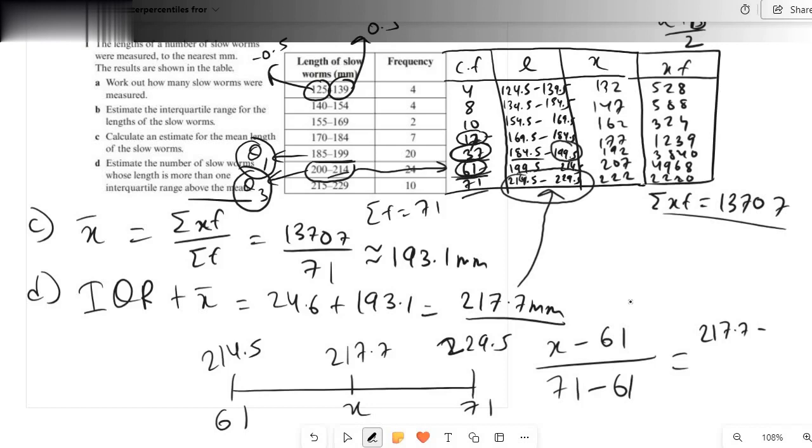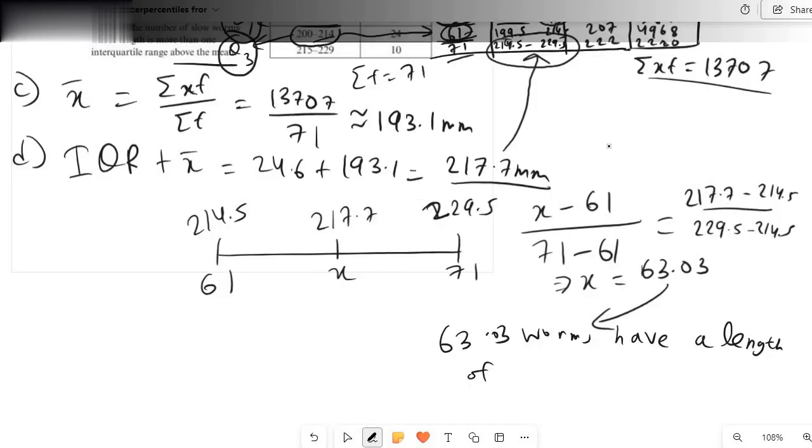So 217.7 minus 214.5 divided by 229.5 minus 214.5, and this gives us a value for x, which is going to be 63.03 worms.